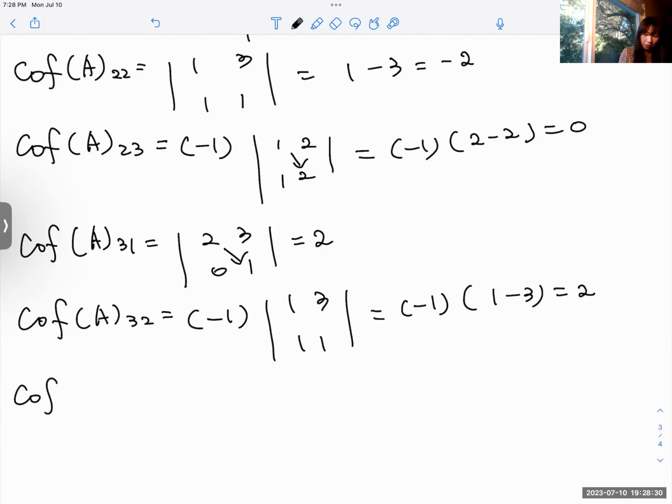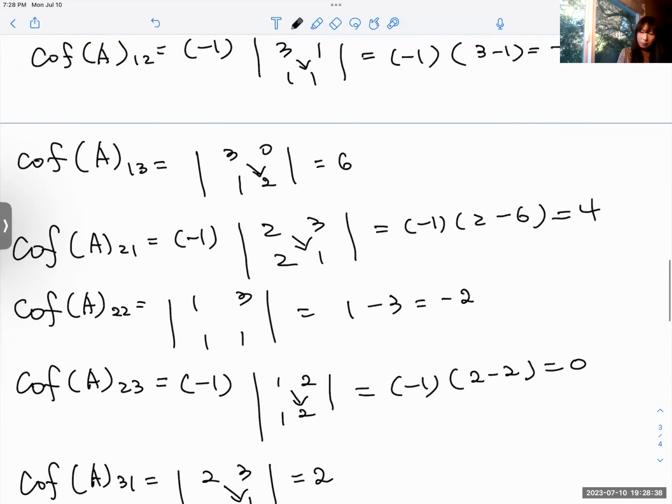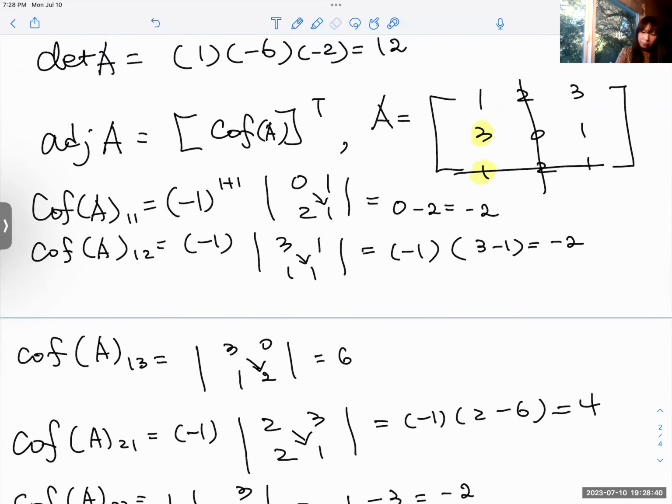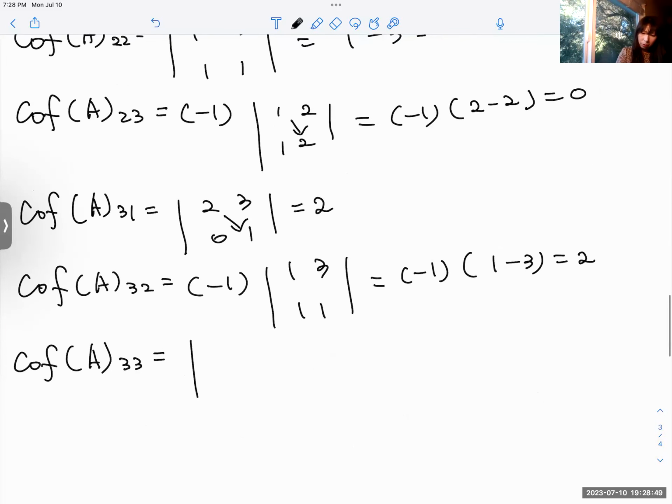Okay, now cofactor of A, last one, 3, 3, negative, so we have a positive 3, 3, which is 1, 2, 3, 0. So we get 0 minus 6, which is negative 6, right?